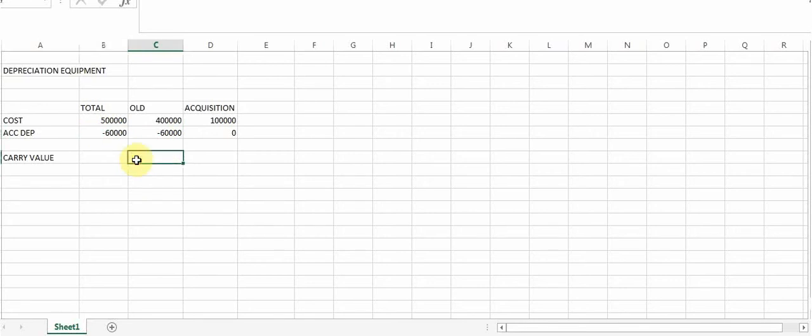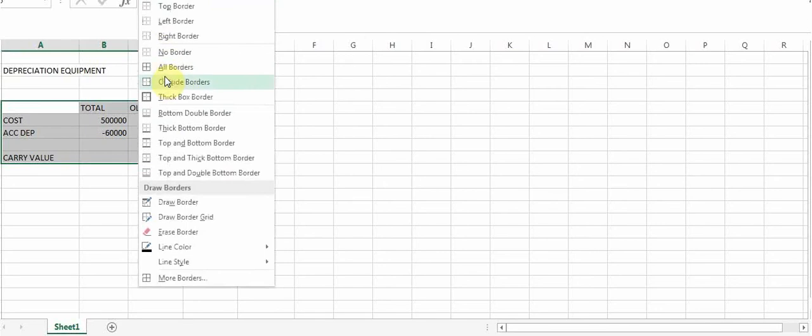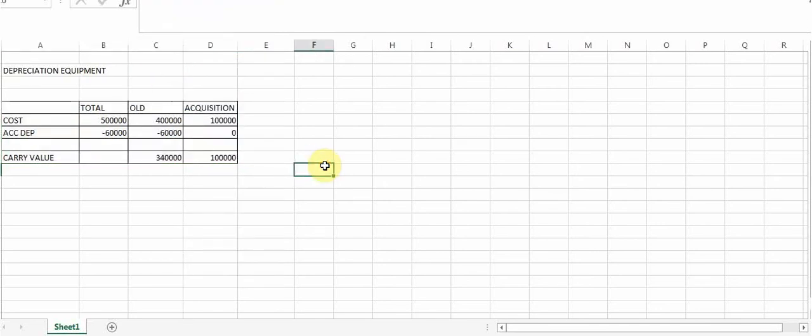And then I'm going to calculate the carry value, and that is simply the cost minus the accumulated depreciation. I get to a carry value of 340,000 for the old and then 100,000 for the new ones. After that, I can now go and calculate my depreciation based on my percentages. So for the old equipment, I am going to say 340,000.